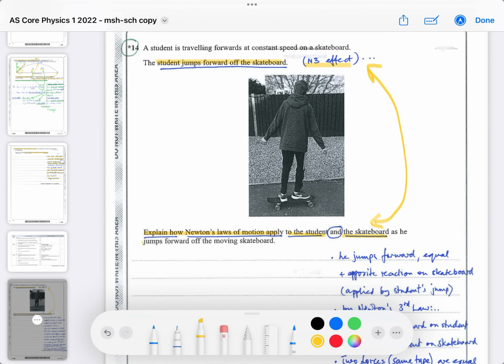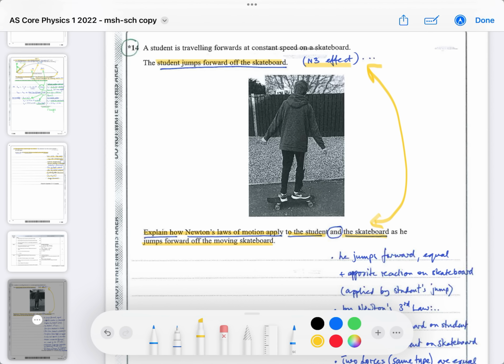As he jumps forward off the moving skateboard, at first they said the student jumps forward. So if the student jumps forward, by jumping off, the skateboard will get a force backwards.